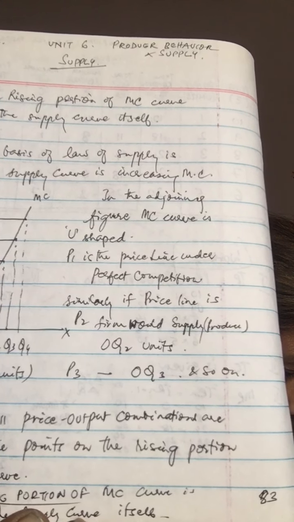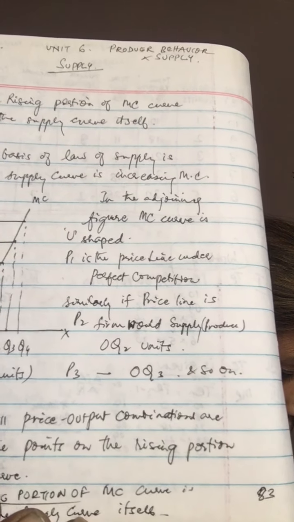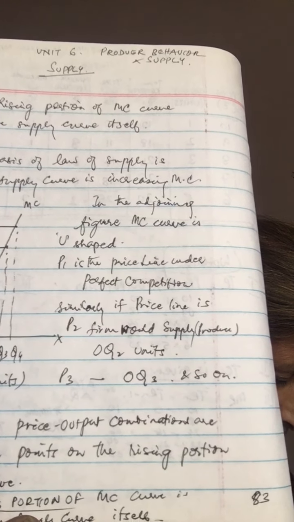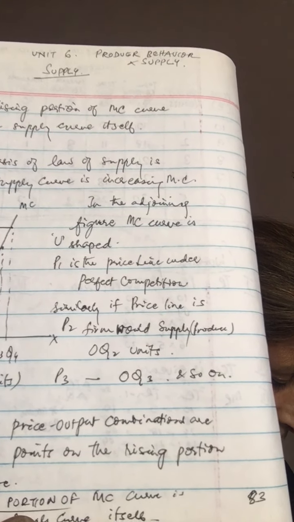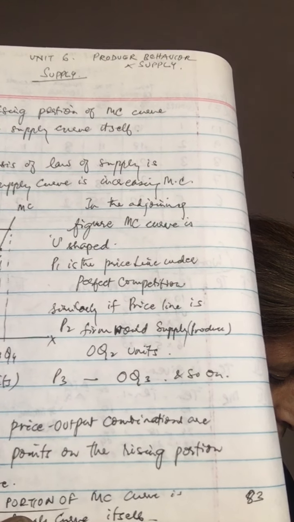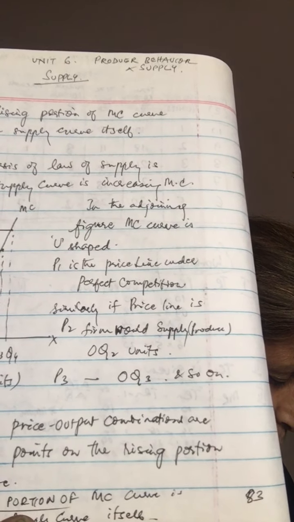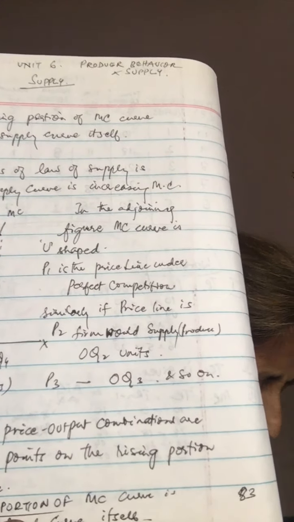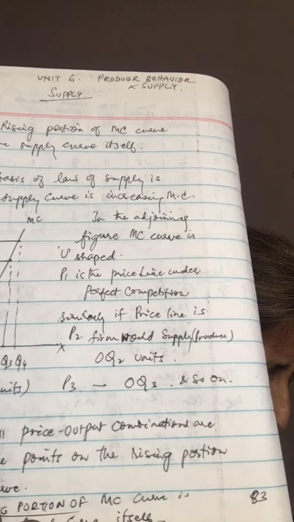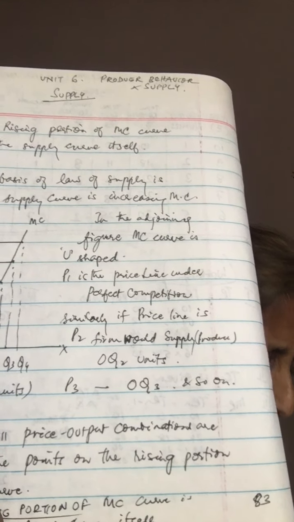You can see in the figure that the MC curve is U-shaped and P1 is the price line under perfect competition. At this price P1, the price line cuts the MC curve at two points, at Q1A and Q1B. That is, it satisfies the profit maximizing condition, price equal to marginal cost, at two places.